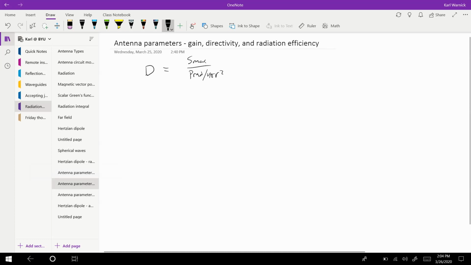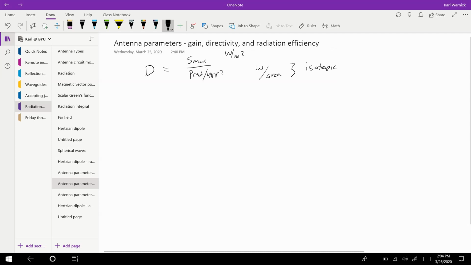Now, this is a really interesting relationship. On the top, we have watts per meter squared. Power density is always watts per meter squared. On the bottom, we have the total power radiated by the antenna divided by the area of a sphere. Now, that is where the power would go if the antenna were ideal or isotropic.